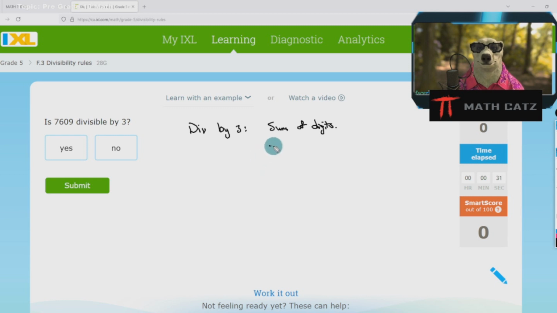So I'm going to get 7 plus 6 plus 0 plus 9, and 7 plus 6 is 13, 13 plus 9 is 22. And then I have to check 22, which is a much easier number. And 22 is not divisible by 3, so we'll go with a no.